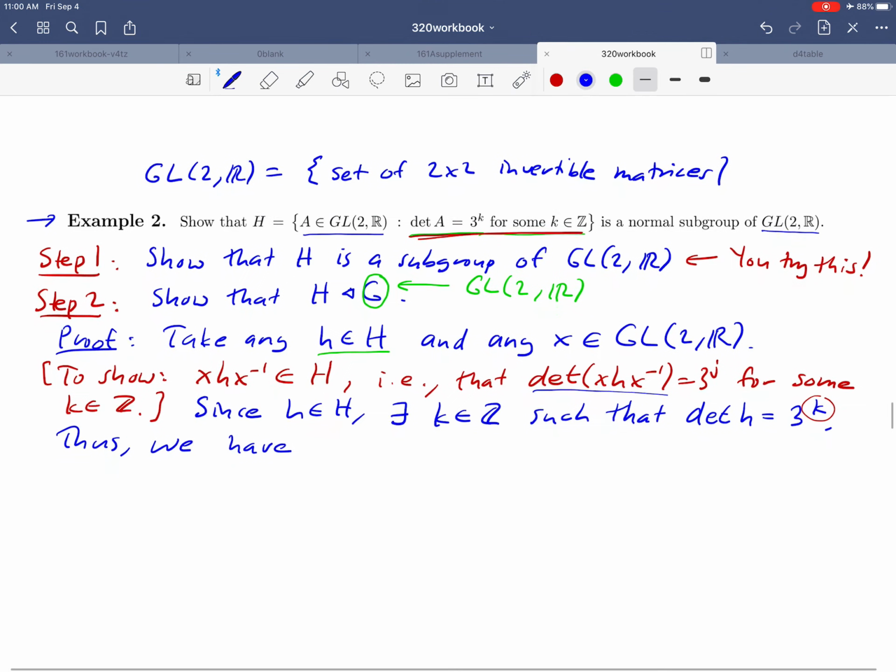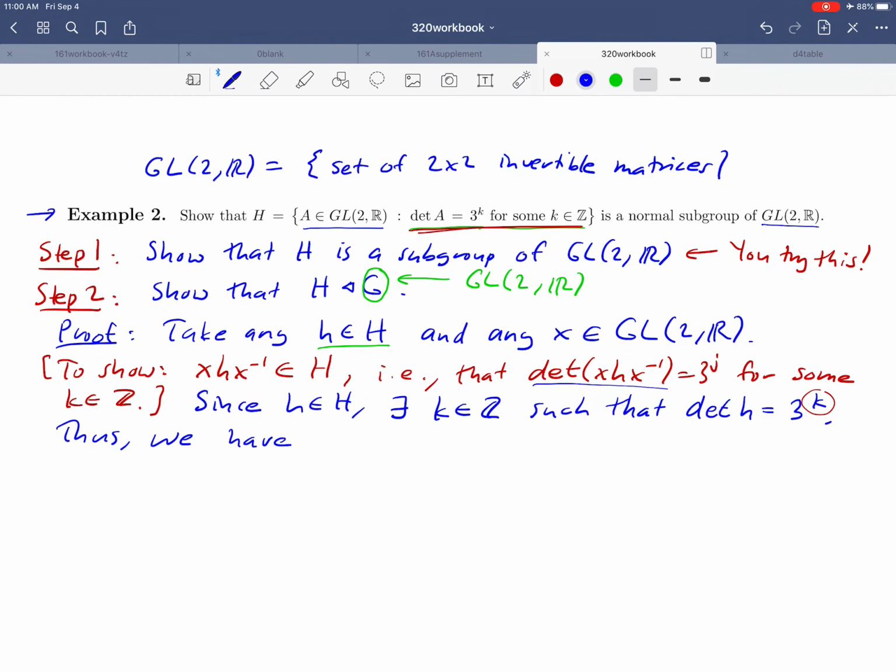Okay, so let's see what happens if we look at the determinant of x h x inverse. Here, we need to use a fact from linear algebra, and that is that when you take the determinant of a product of matrices, that's equal to the product of the determinants.